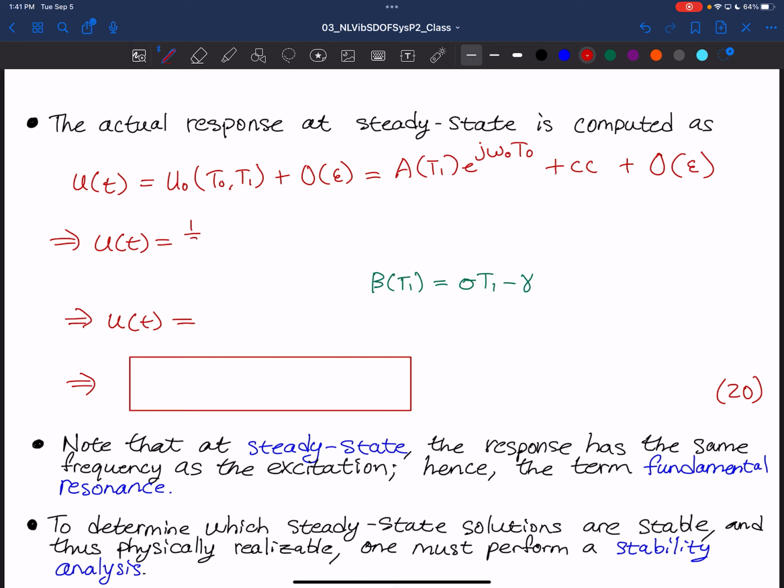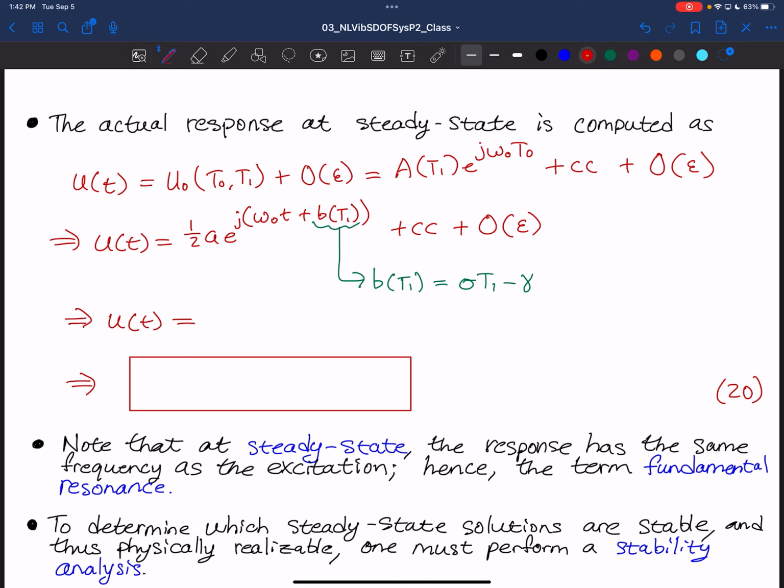Substitute in here, we'll get 1/2 A e^(j(omega0 T0 + B(T1))) plus CC plus order epsilon. I wrote beta here in green, but it should be B actually. So this B here is given by that equation.